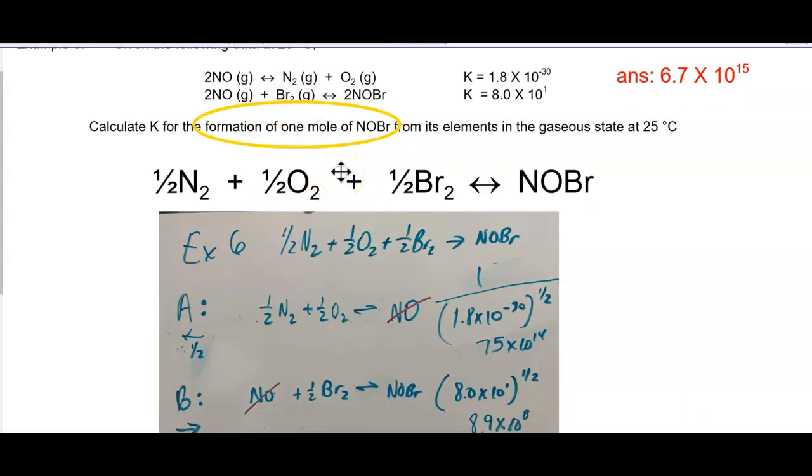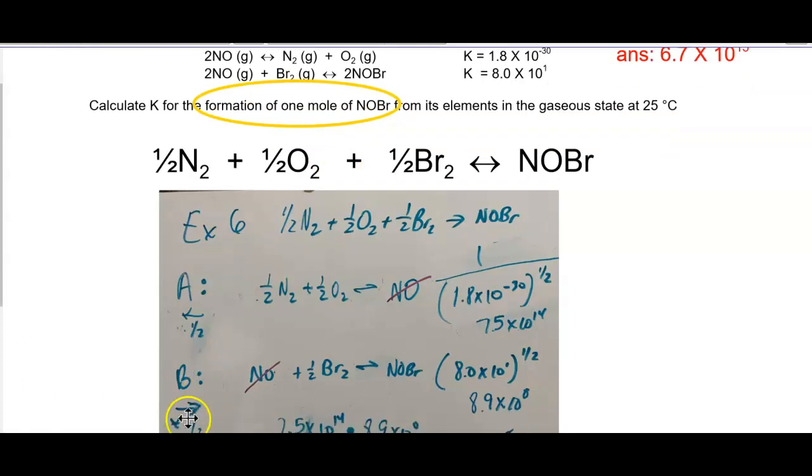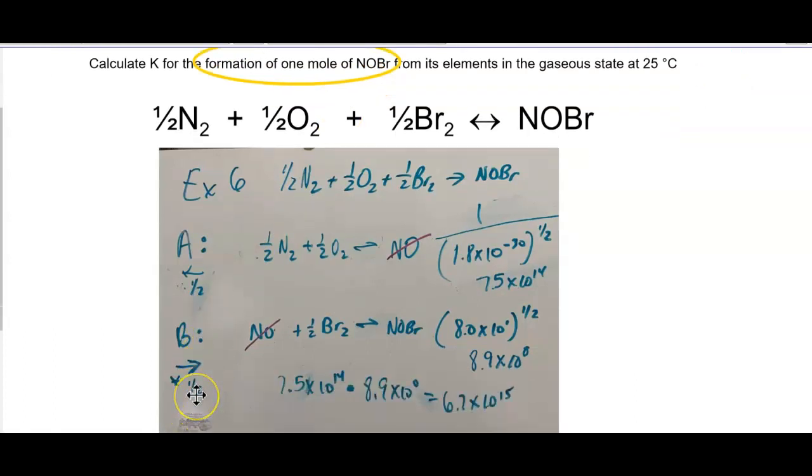Okay, and so what am I going to do to get that on the proper side? It's already on the proper side, but I do need to multiply through by a half, because I need a half and I have 1. So I applied that reverse multiply by half to A here, and forward multiply by a half to B here. I eliminated NO, leaving me exactly what I needed, 1/2 N2, 1/2 O2, 1/2 Br2 going to NOBr.